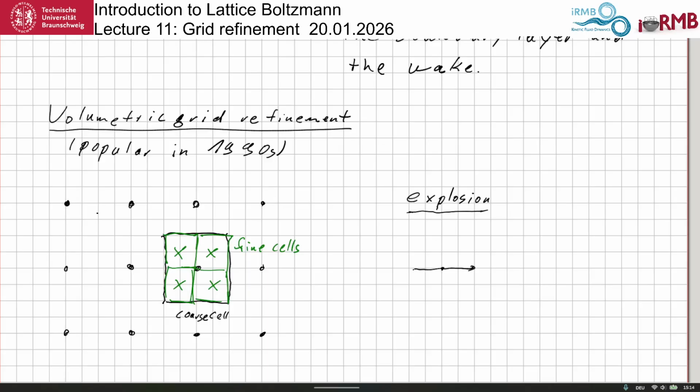What we have is a lattice node like this with its populations. And what we do is we transform this very simply into 4, in 2D, equal distributions. Okay, maybe I have to draw fast today because I have to draw a lot.